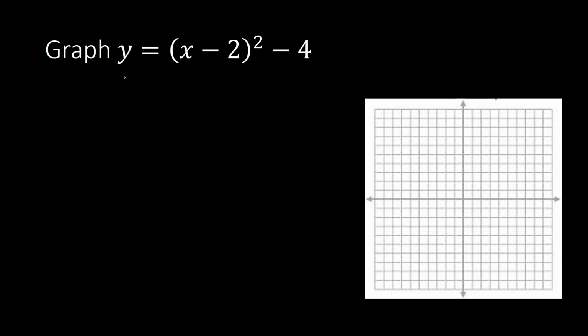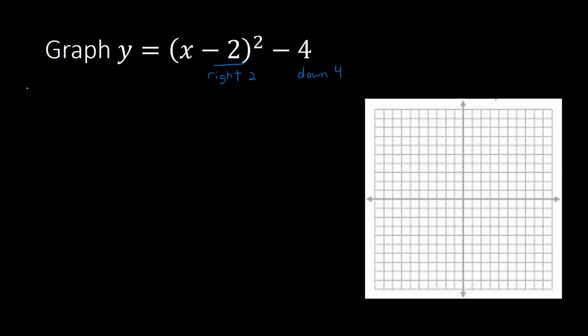So here, okay, we know the vertex pretty quickly because this negative 2 means it shifts to the left, or sorry, to the right 2. So it's a negative, but it's going to actually move in the positive direction, which would be to the right 2. And the negative 4 is your vertical shift, moving it down 4. And it's down because it's a negative.